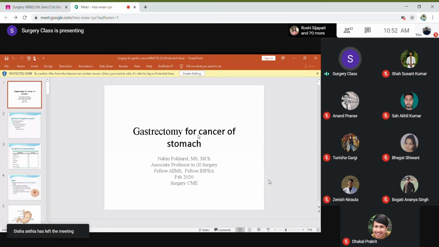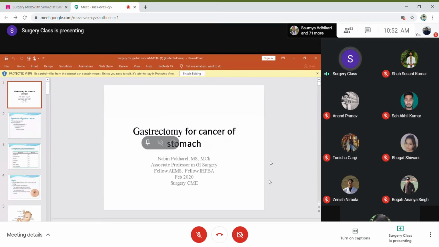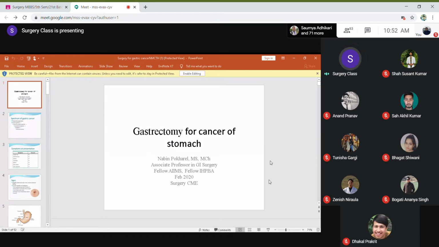So you stage the disease by doing a CT scan. TNM staging: T is the local tumor, N is lymph nodal stations, and M is metastatic disease.